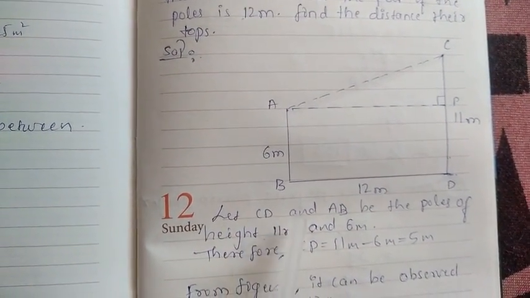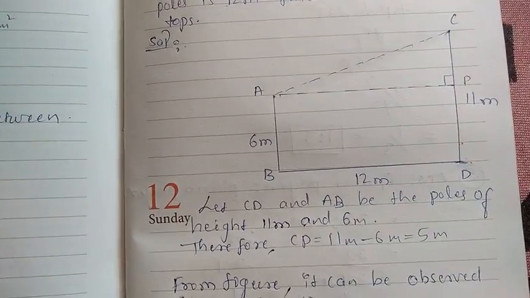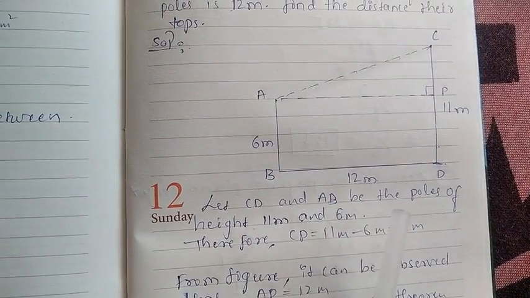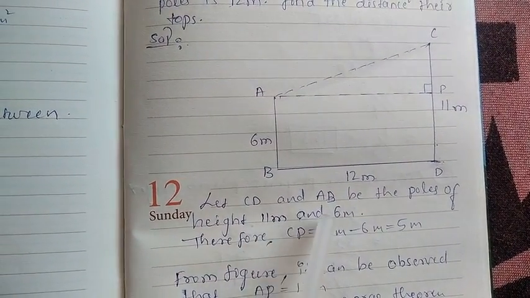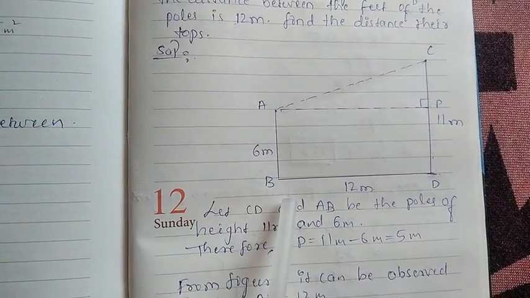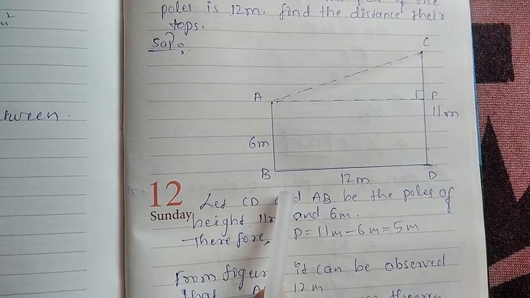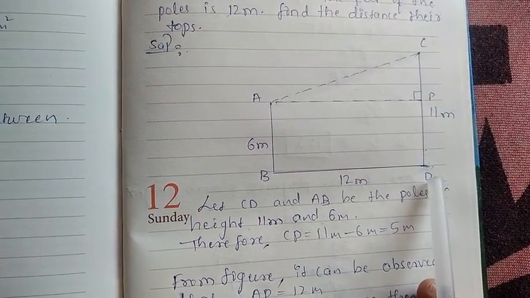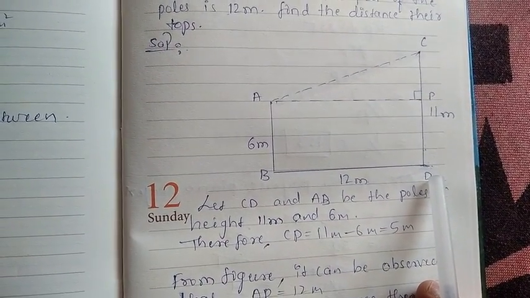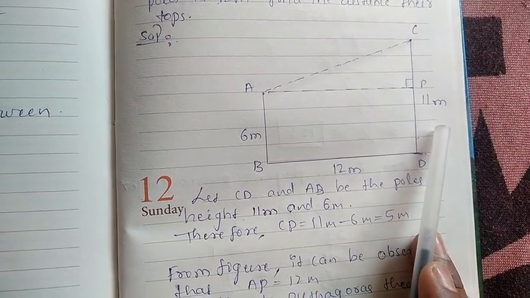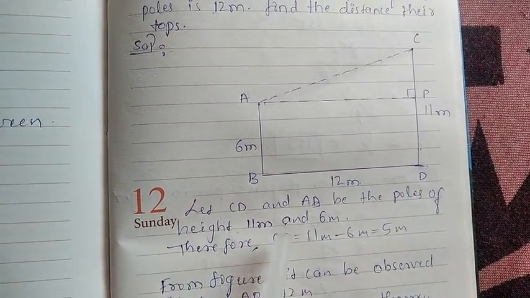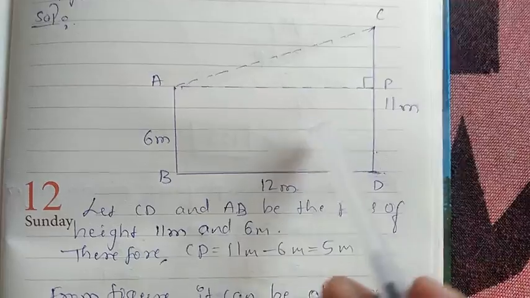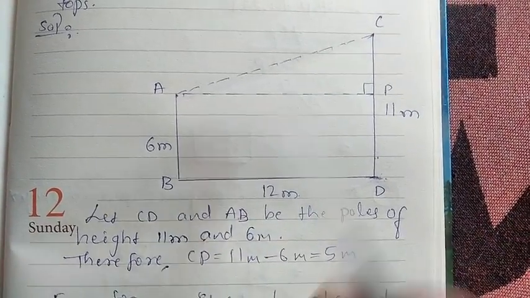Let CD and AB be the poles of height 11 meter and 6 meter. AB is the first pole of height 6 meter and CD is the second pole, that is 11 meter. Correct. Therefore CP, see carefully here. Now compare the two poles here.